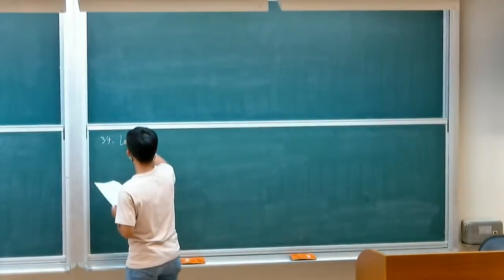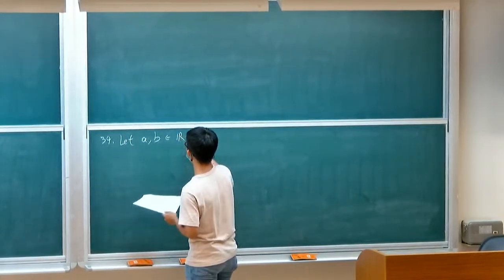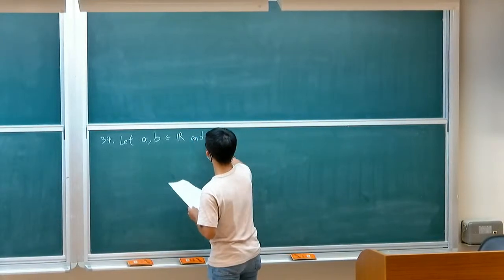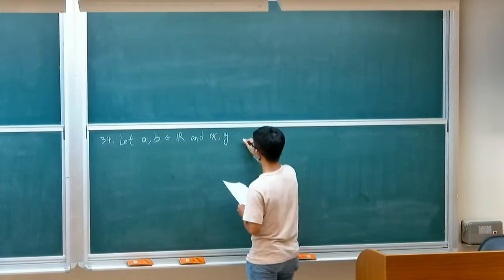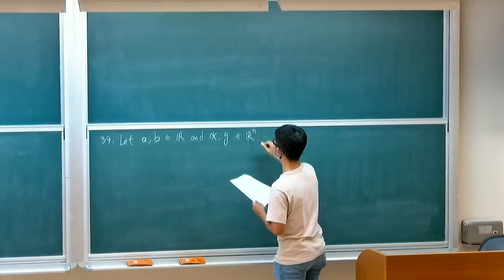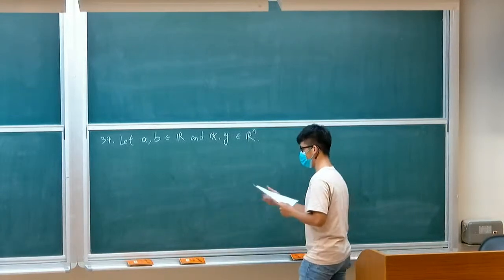First, we let a, b be arbitrary real numbers, and X and Y be two vectors in Rn. Then we want to show that T is a linear transformation.